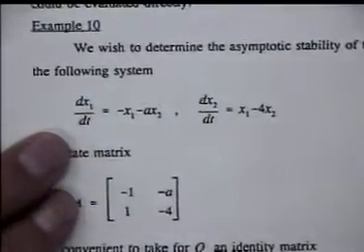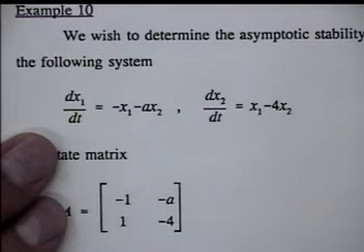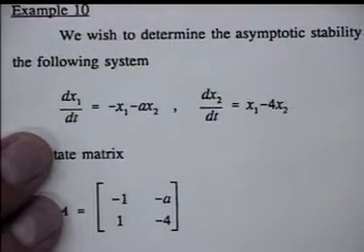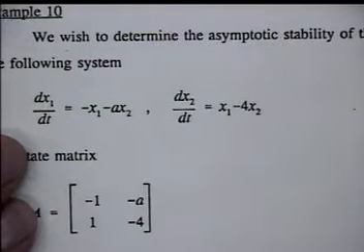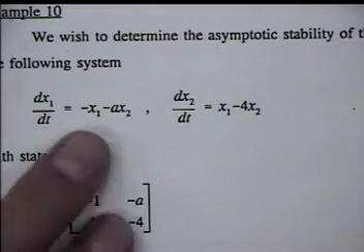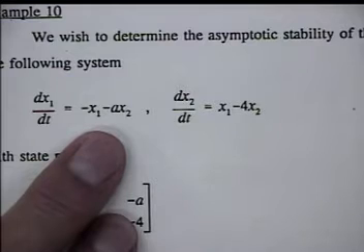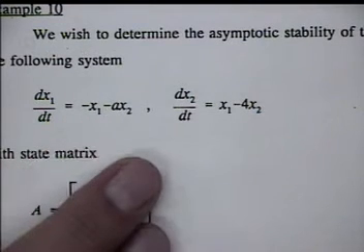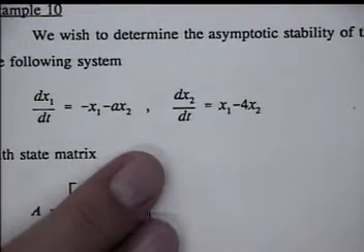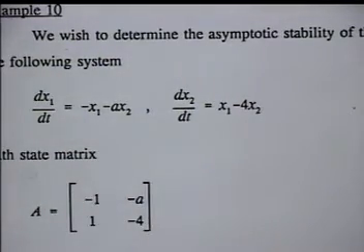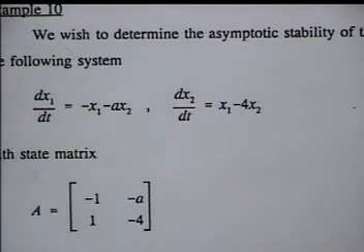First derivative of x1 equals minus x1 minus a x2, and first derivative of x2 equals x1 minus 4 x2. A is given; A is some number. Look, we write differential equations. These are differential equations in deviations. And we are asked, can you look at that system and tell me, is it stable or not stable?